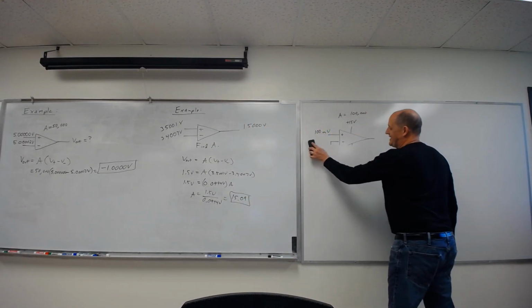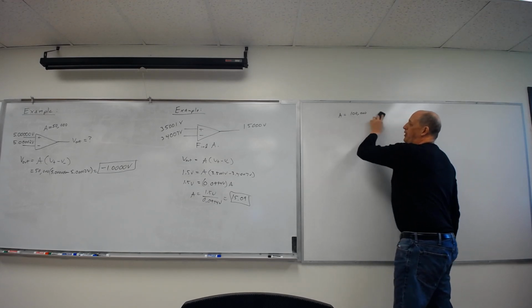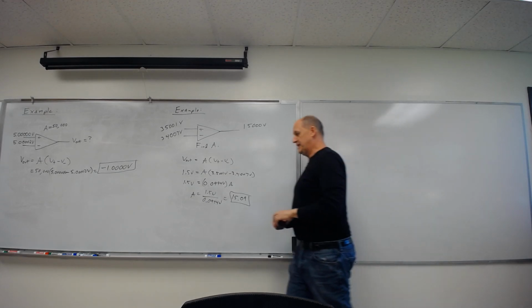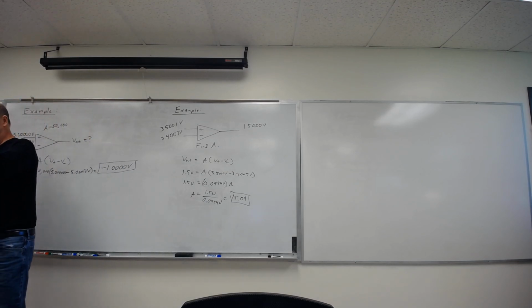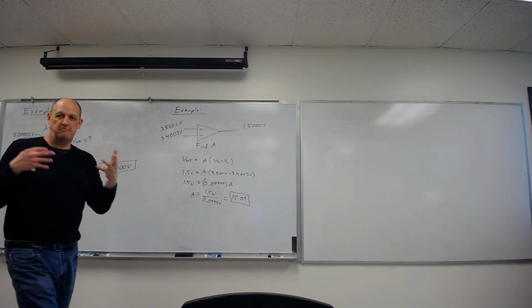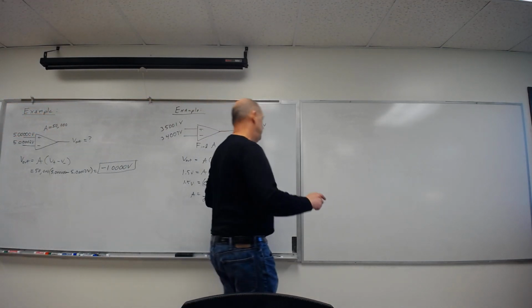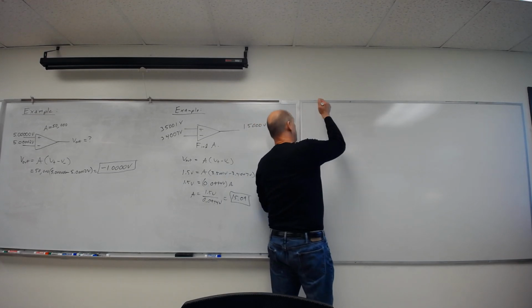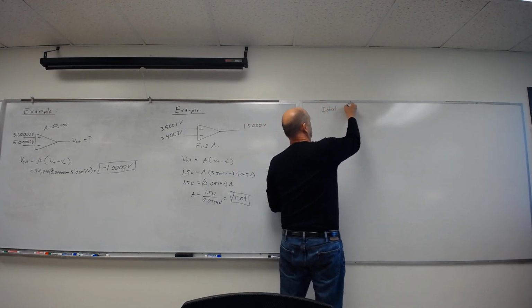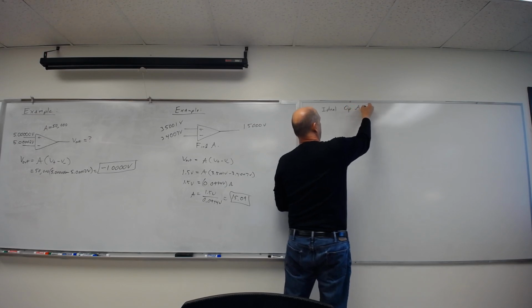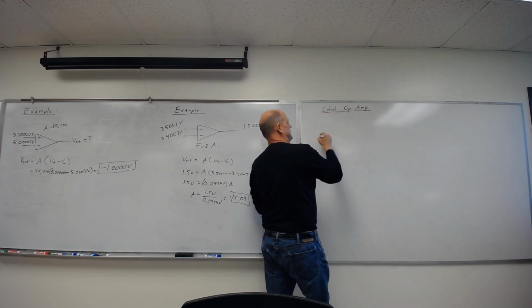First of all, we didn't talk about this yet, but part of what op amps do is they have a very, very high input impedance or input resistance. Impedance combines everything. But my op amp has a very high input impedance.